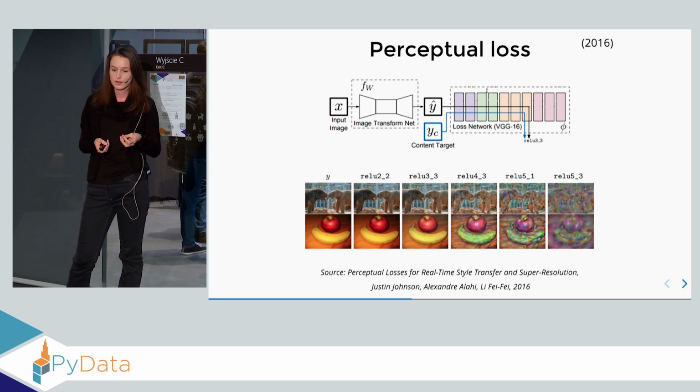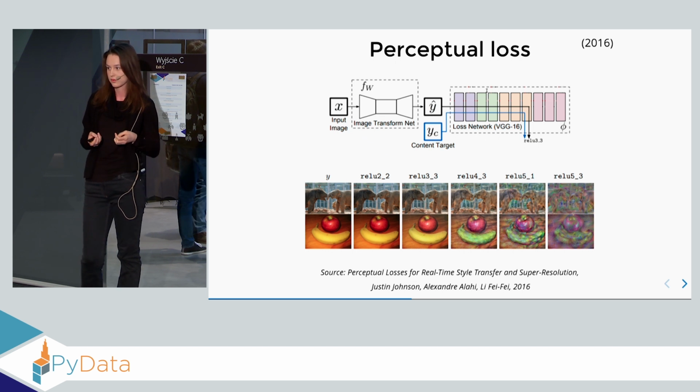So maybe we can take the output of some inner layer from this network and try to match these outputs between our network output and the target image, the high resolution image.